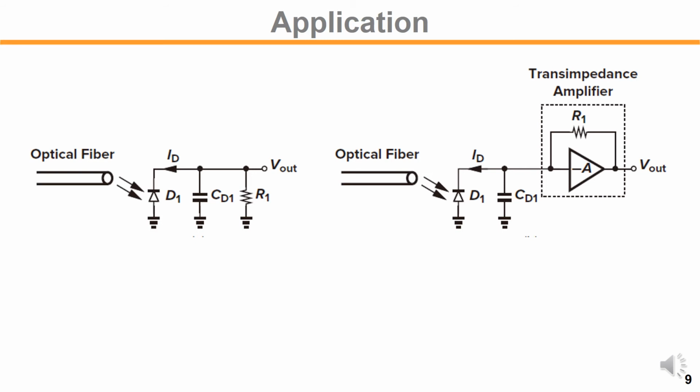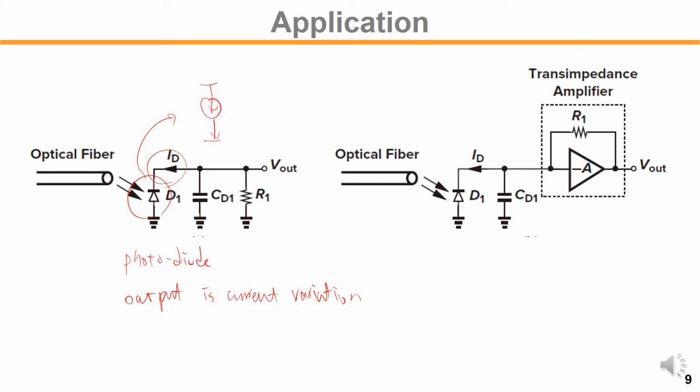One example of impedance transformation by feedback is an application in fiber optics. There's a photodiode here, D1. Whenever it receives light, the current changes, so the output is a current variation, equivalent to a current source there.